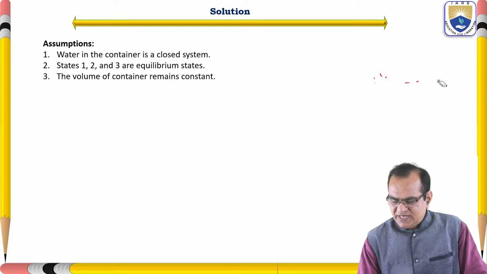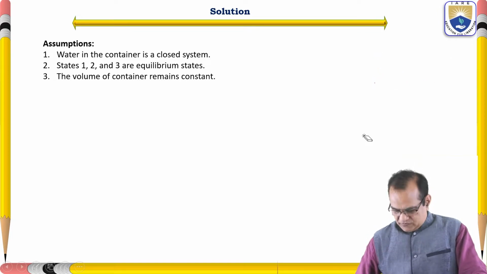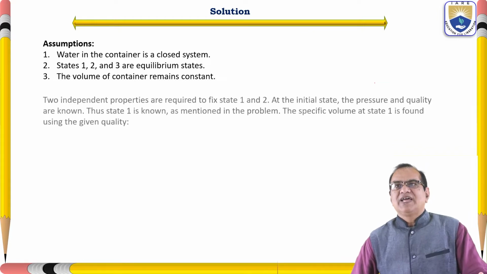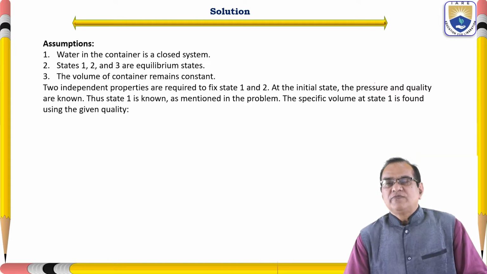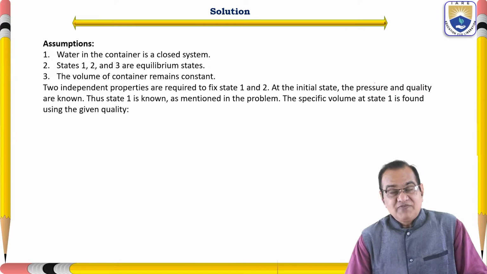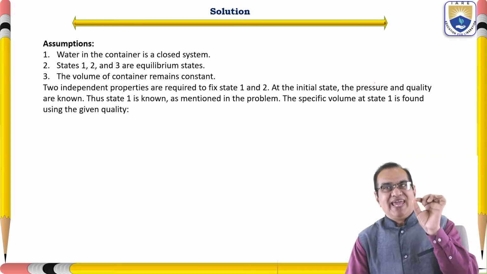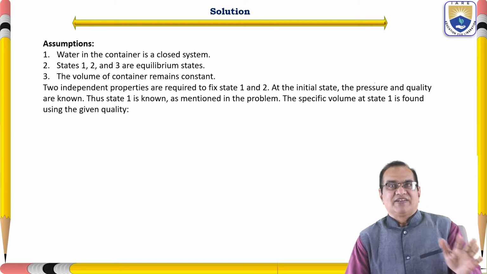For solving this type of problem, we need two independent properties, as per the Gibbs phase rule, required to fix states 1 and 2. At the initial state, the pressure and the quality are known. So for point 1, the pressure is known and the X value is given.